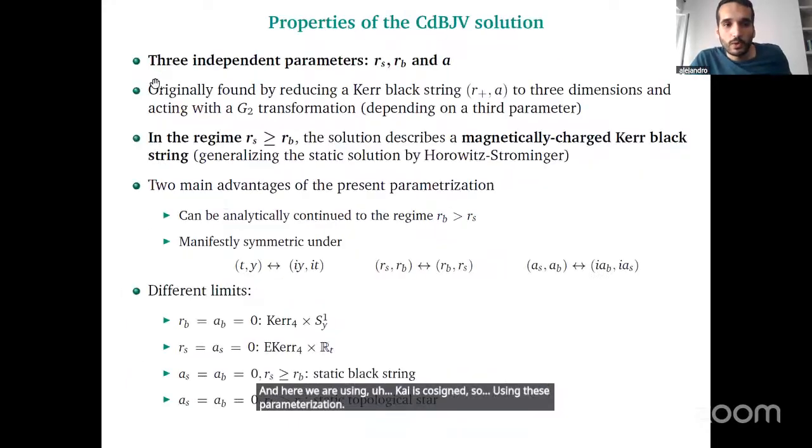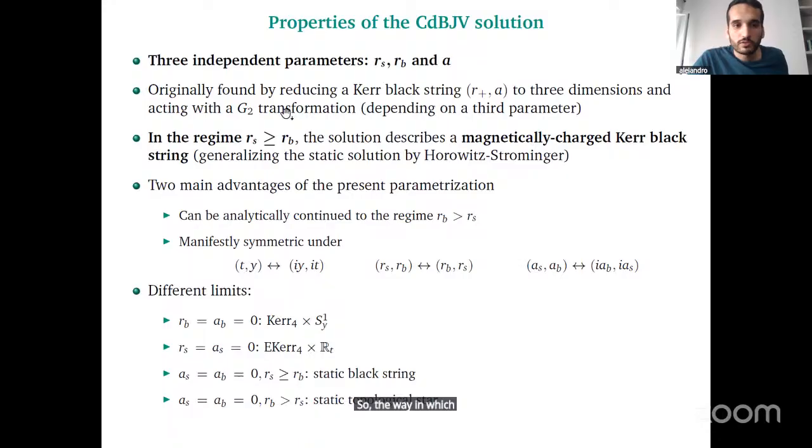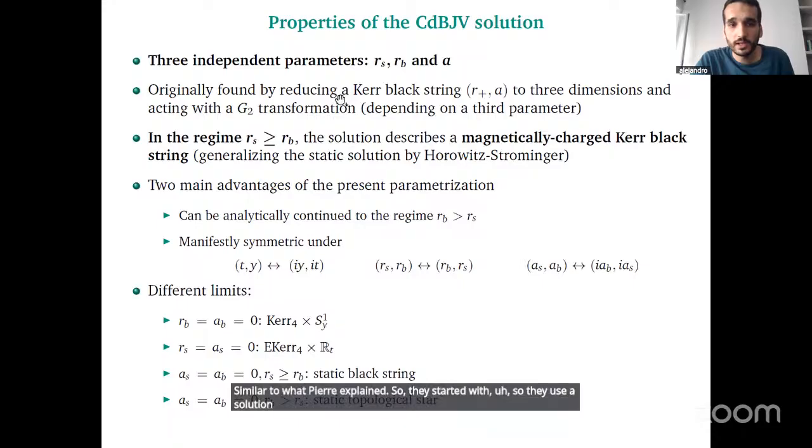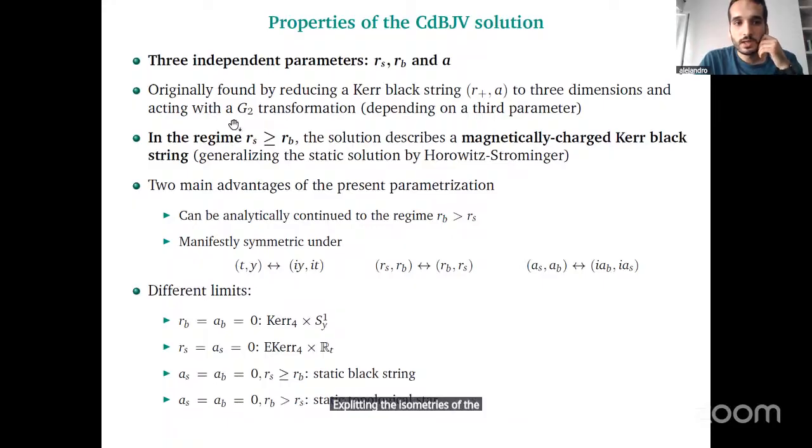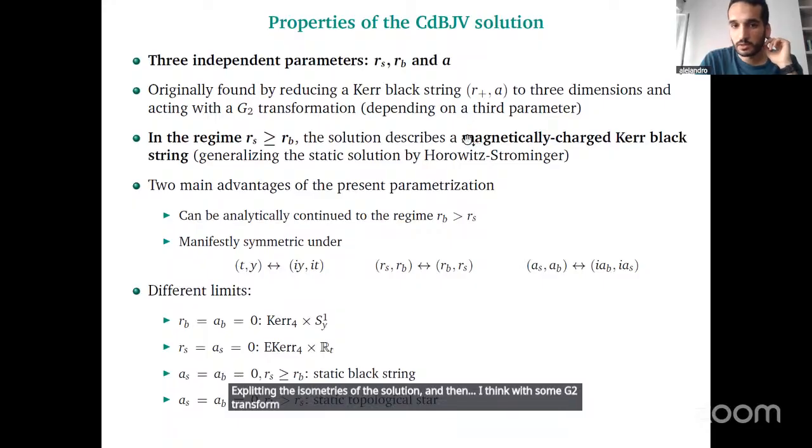So the way in which Compère and collaborators found the solution is similar to what Pierre explained. They use a solution generating technique, starting with a Kerr black string solution, depending on 2 parameters, reducing it to 3 dimensions, exploiting the isometries of the solution, and then acting with some G2 transformation that depends on the 3rd parameter.